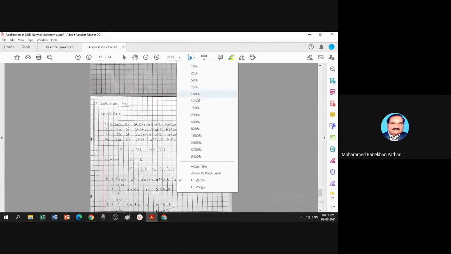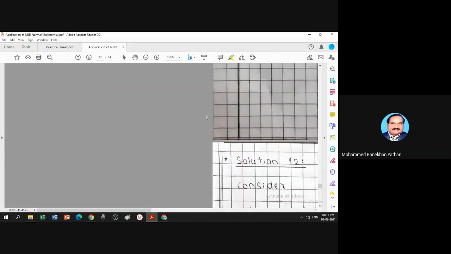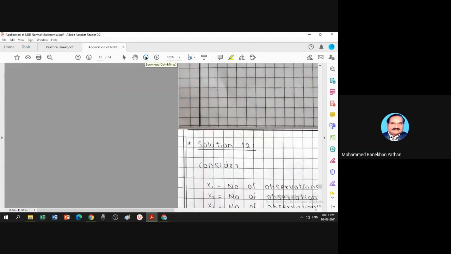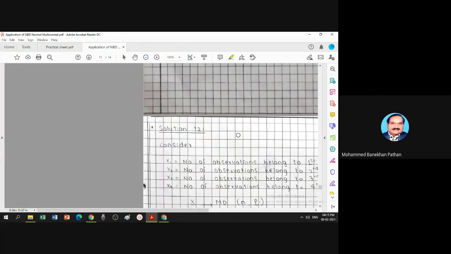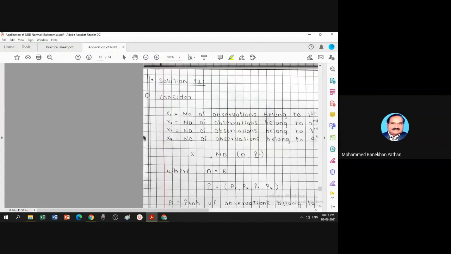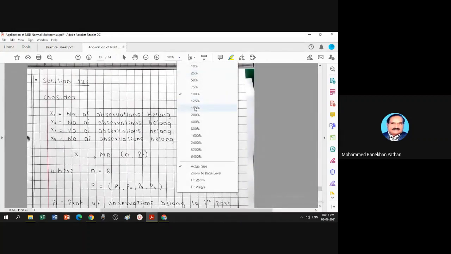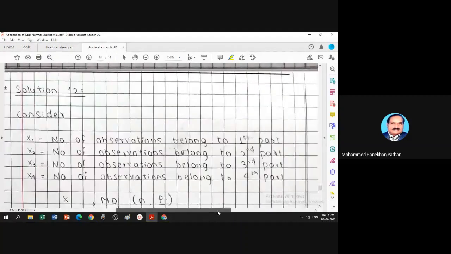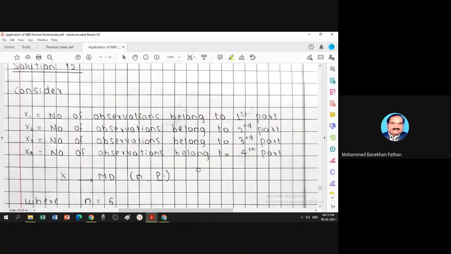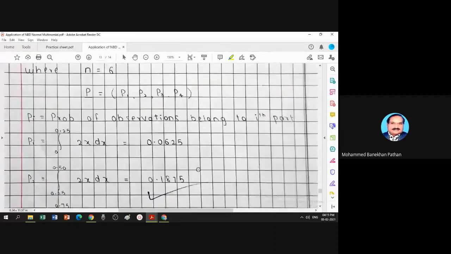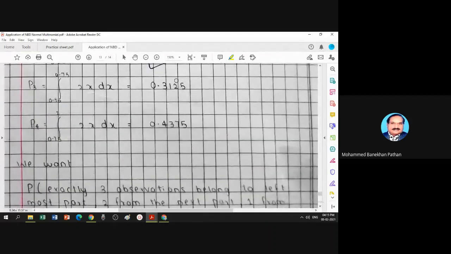What is the next step? Next step is, after getting the probabilities, the total of P1 plus P2 plus P3 plus P4 should be 1.